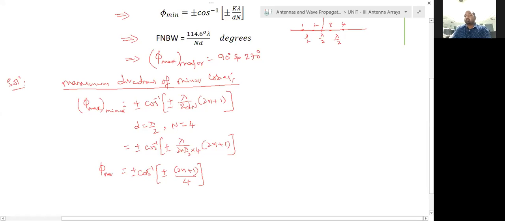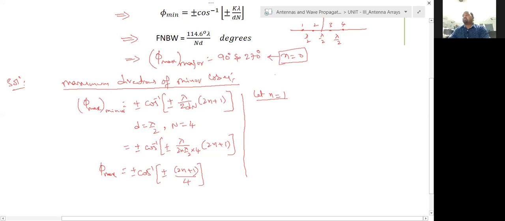So phi, maximum directions of minor lobes, we have, right? Now let n is equal to 1. As I have discussed, n is equal to 0 stands for the maximum direction of the major lobe, so there is no need to substitute n is equal to 0.